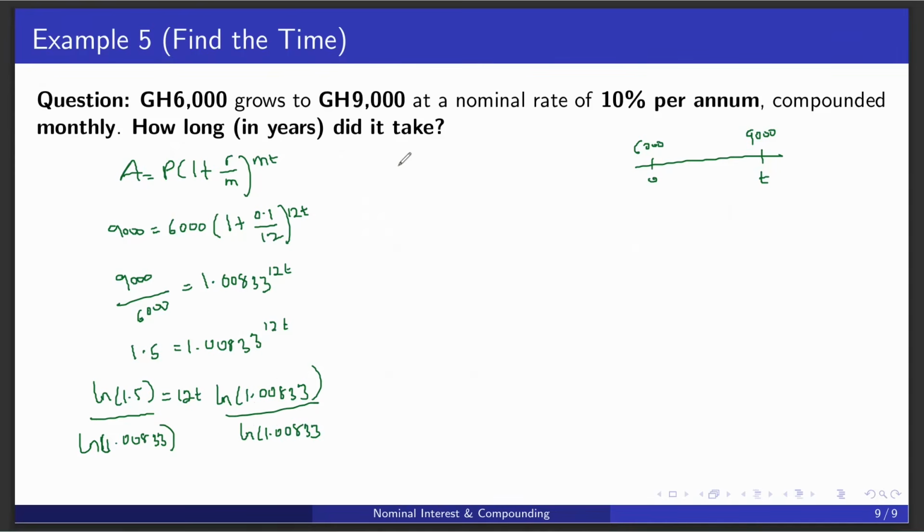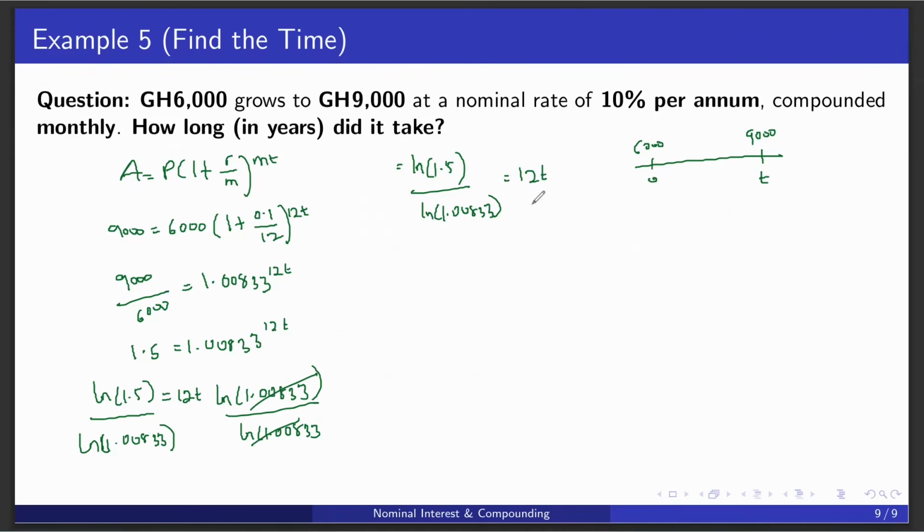So finally, I'm getting ln 1.5 all over ln 1.00833 is equal to 12T, because this cancels out this.